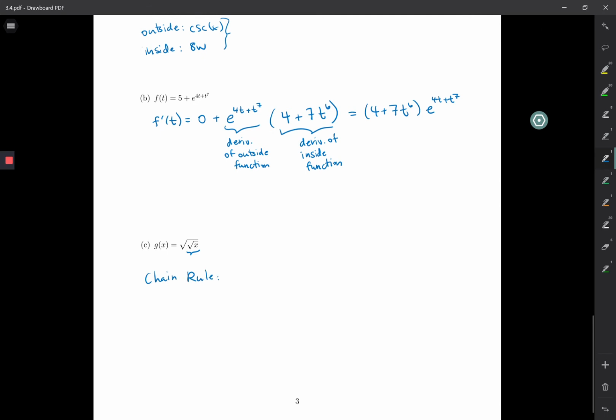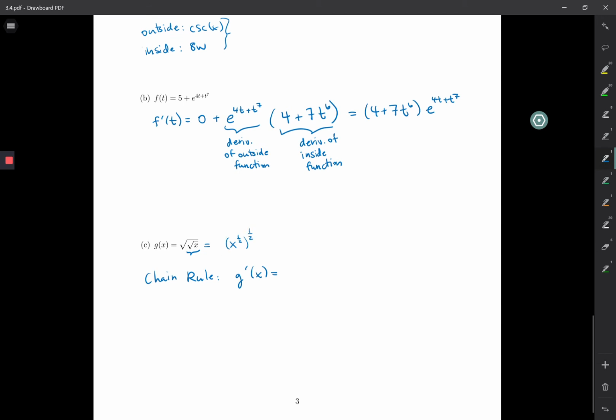And so our inside function is square root of x. Outside function is square root of x as well. So g prime will be equal to, if this makes it a bit easier, we'll write this as x to the 1/2.